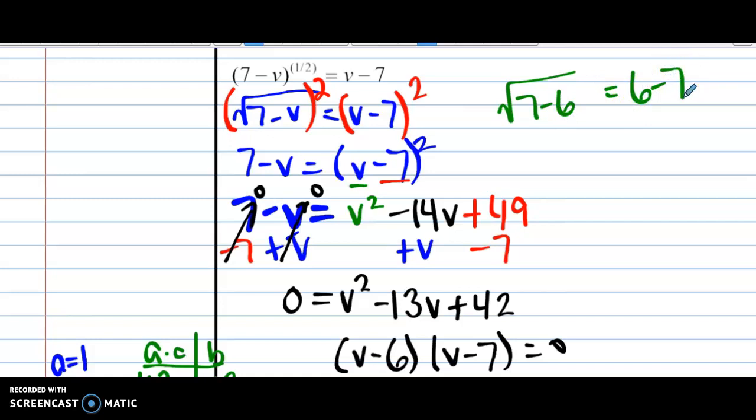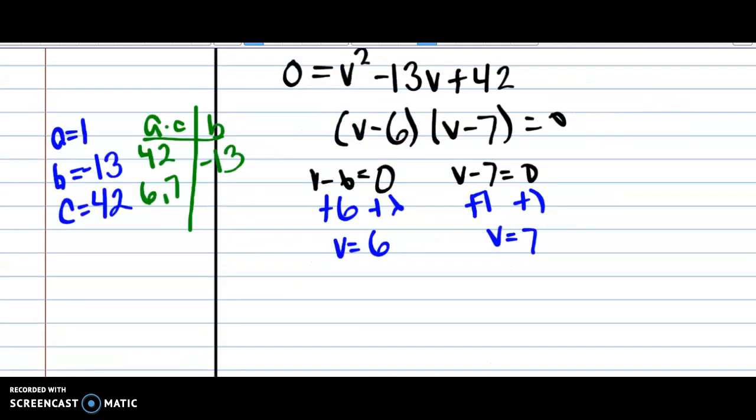Square root of 7 minus 6 is square root of 1, and on the right side 6 minus 7 is negative 1. Square root of 1 is 1. 1 does not equal negative 1, so this is not true. So v equals 6 is an extraneous solution.